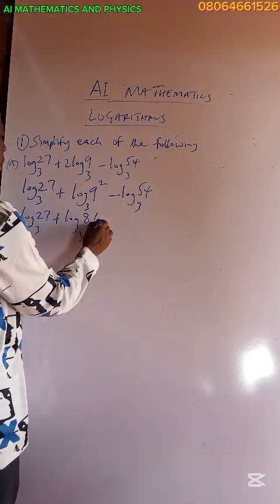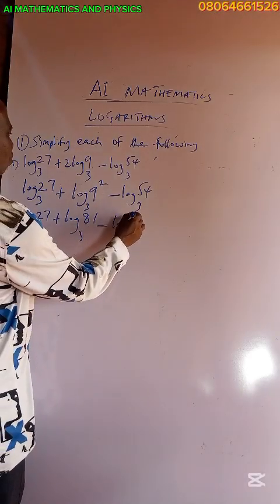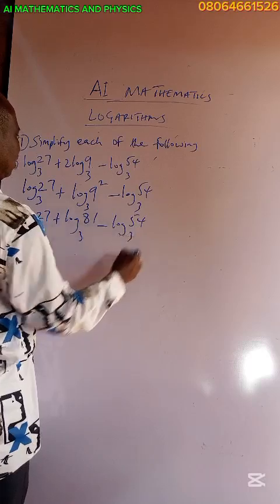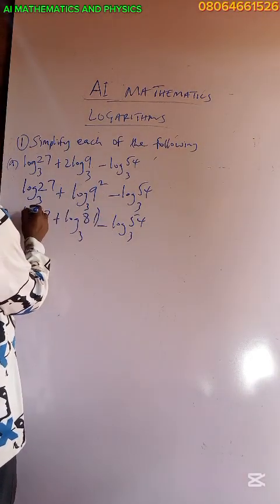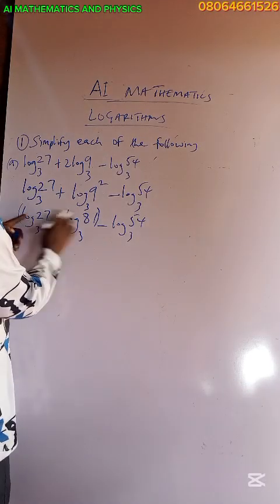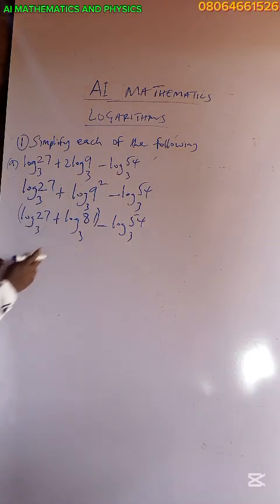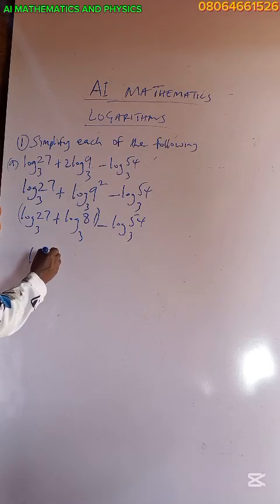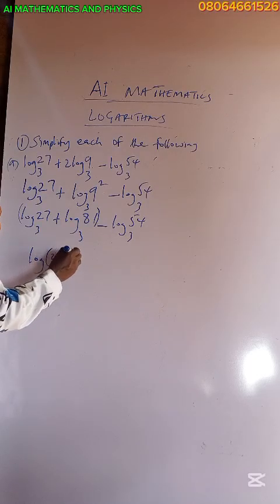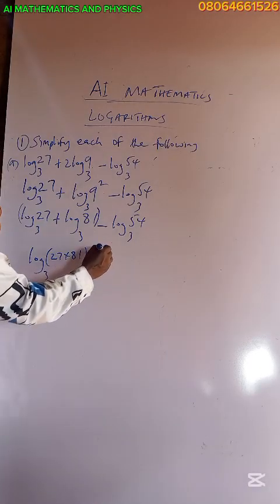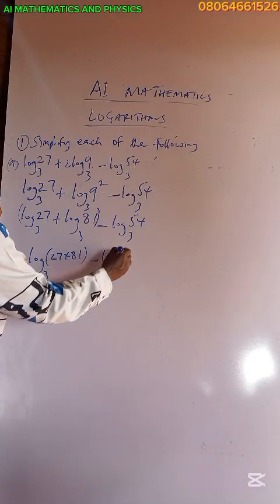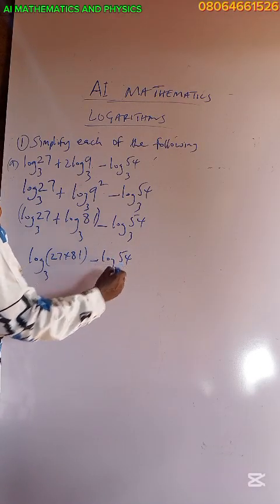This one is plus and they have the same base, so your problem is solved. Just log 27 times 81 base 3 minus log 54 base 3.